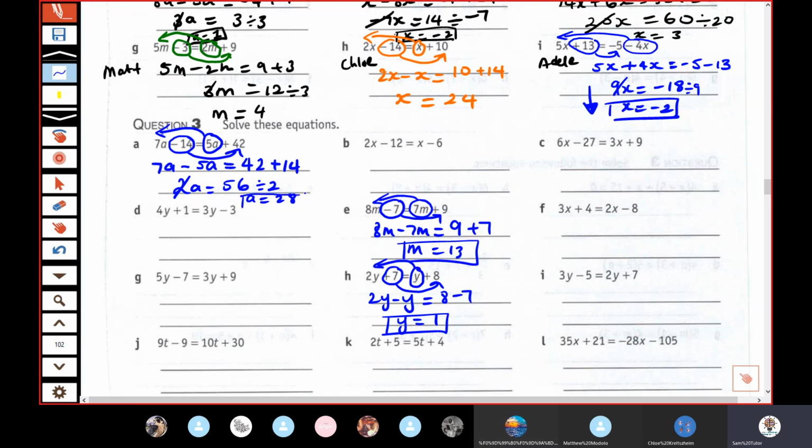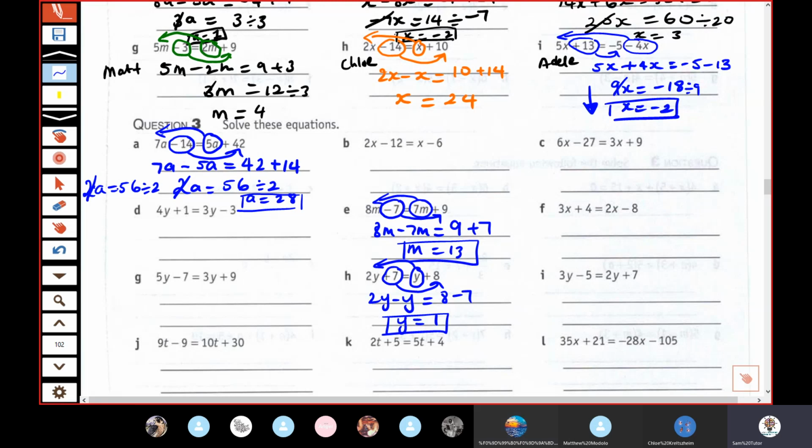How do you get the divided by 2 in that question? So again, think of what you were doing for homework. If you had 2a equals 56, there's an imaginary times, isn't there? So how do I get rid of the times? Divide by 2.